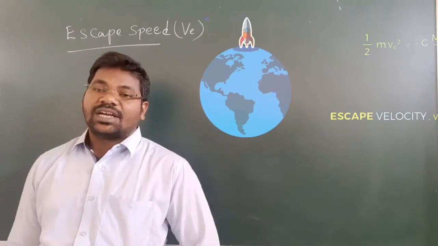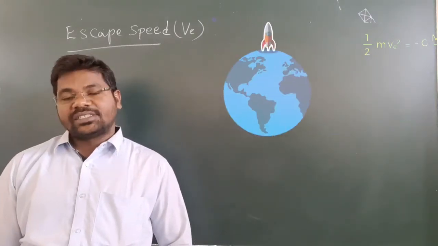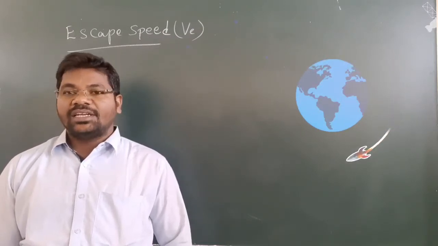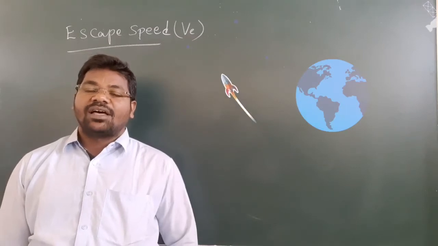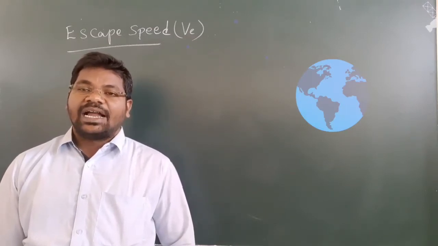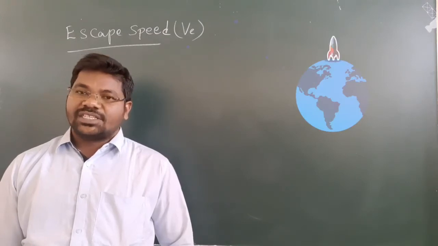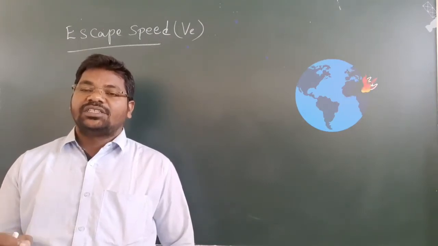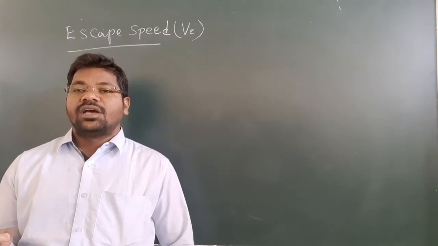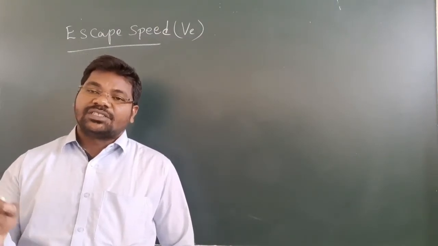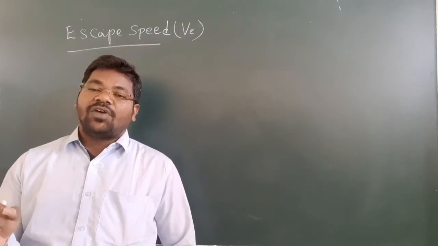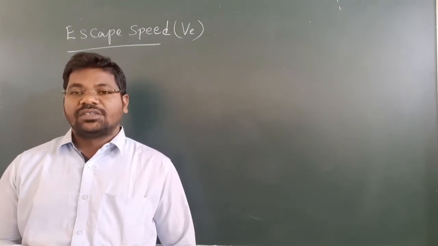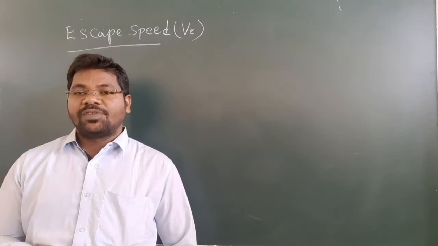Coming to our content, escape speed or escape velocity: the minimum velocity of a body or satellite with which it escapes from the earth's gravity is called escape speed or escape velocity.